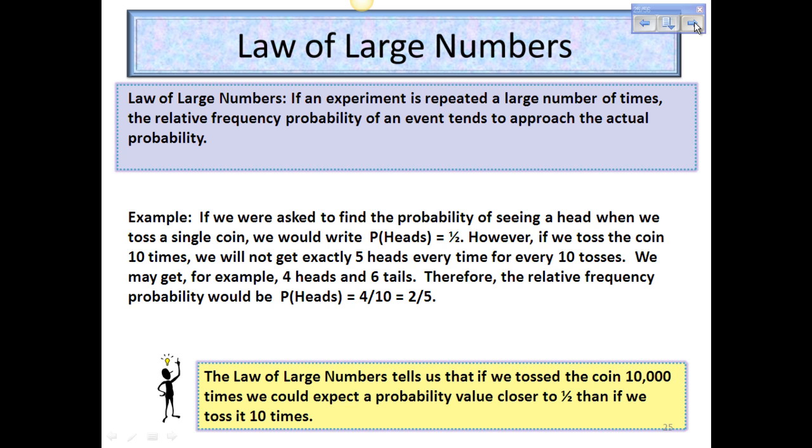An example would be if we were asked to find the probability of seeing a head when we toss a single coin, we would write probability of heads equals 1/2.